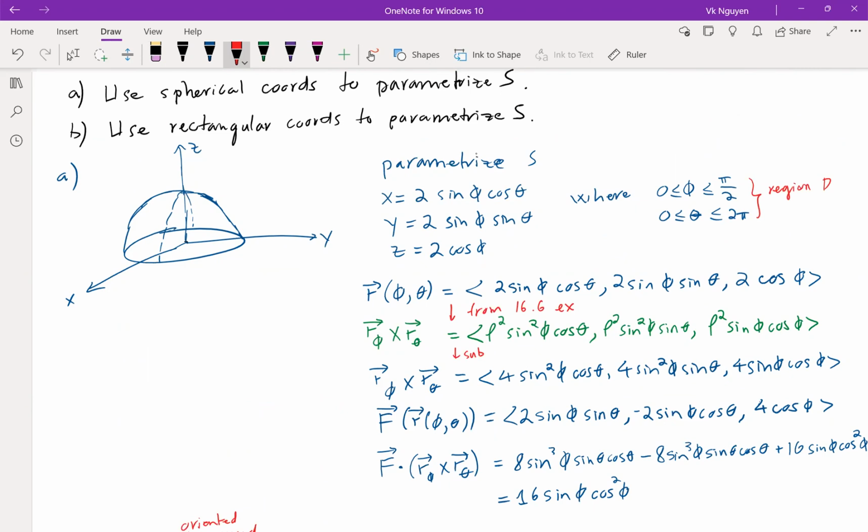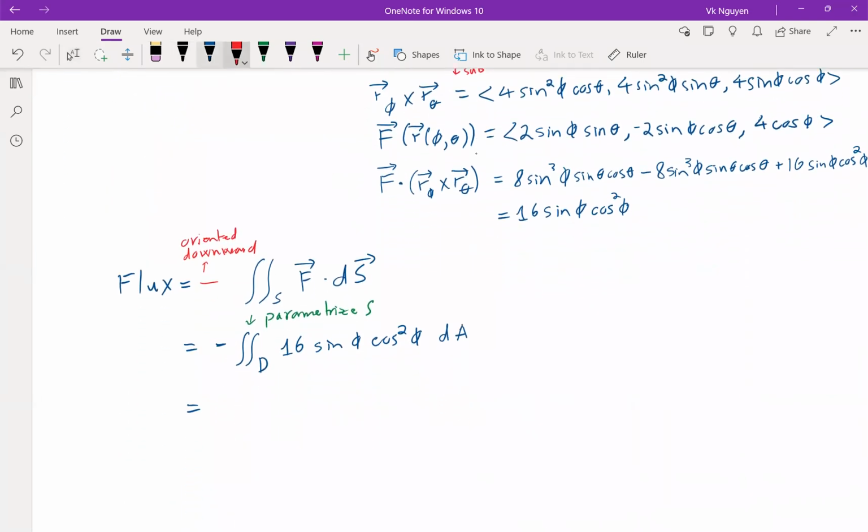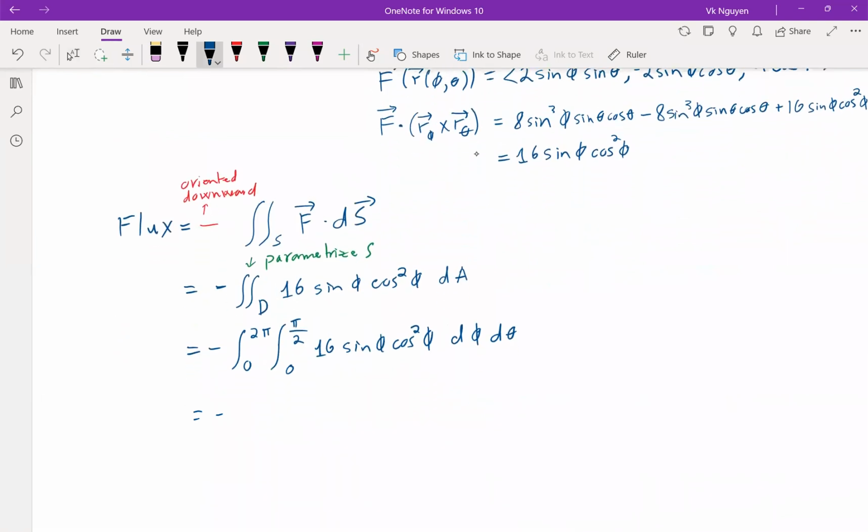Okay. Negative integral from 0 to 2 pi, 0 to pi over 2, of sine phi cosine squared phi d phi d theta. I'm going to put the number 16 outside here, or you can keep it in there, it's the same thing.